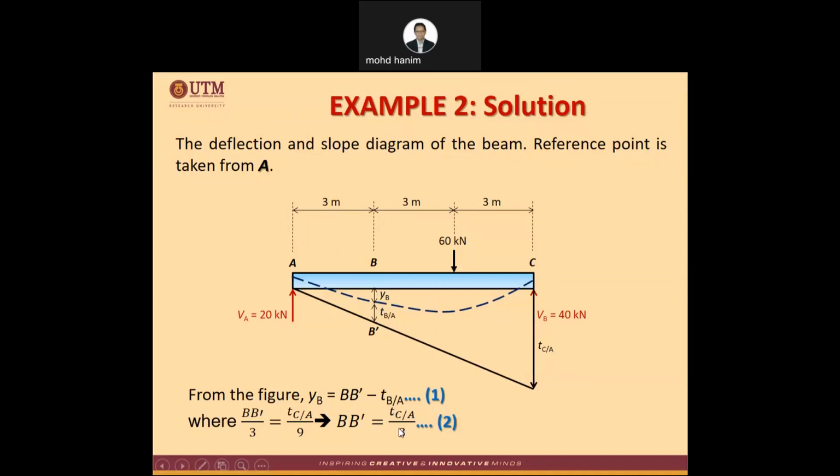In example 1, BB dash equal to TCA over 2. But in here, BB dash equal to TCA over 3. That's the difference between example 2 and example 1.